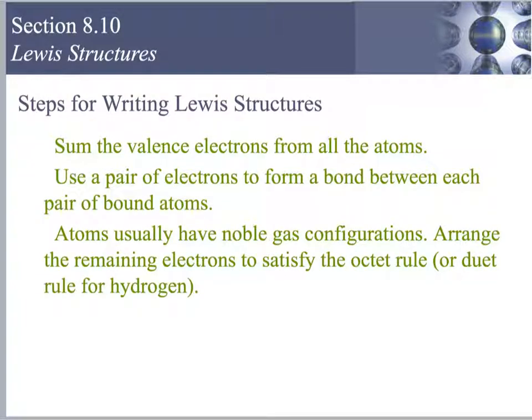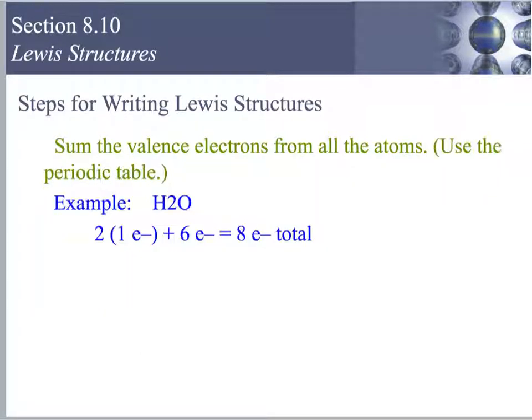So these are the steps that we're going to use to write Lewis structures. We're going to, first of all, add up all the valence electrons from all the atoms that are involved. We're going to use a line to represent pairs of electrons between atoms, and we're going to assume that other than hydrogen, the atoms are going to achieve noble gas configurations.